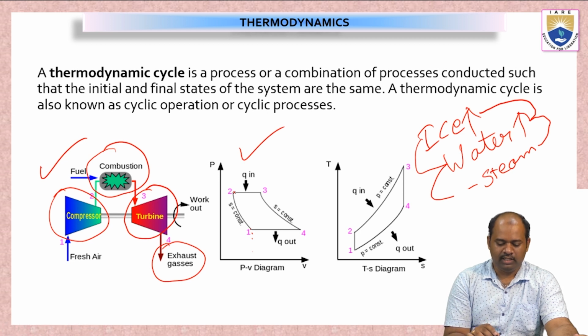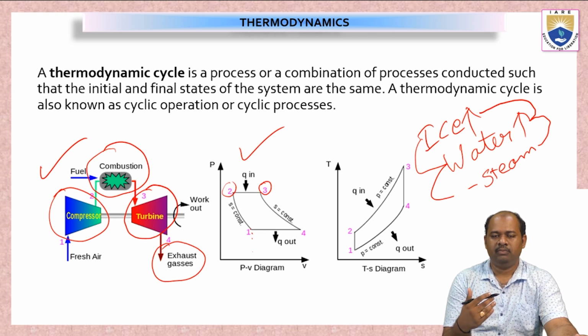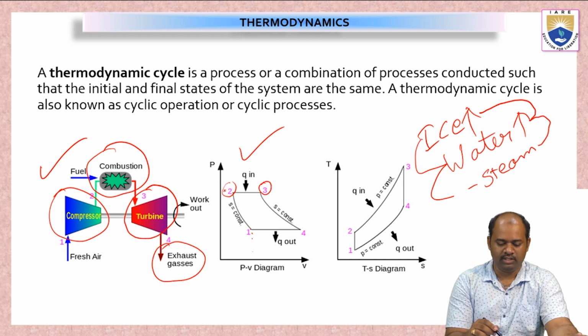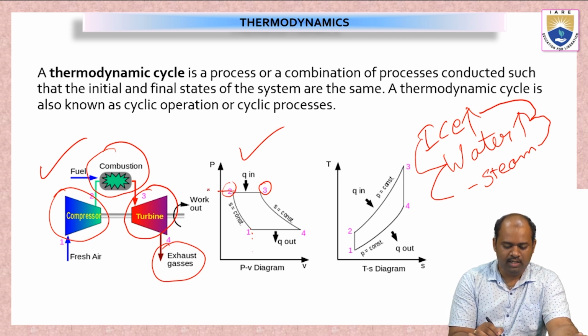And then the second part, between point 2 and point 3, we are supplying some heat into the fresh air along with some fuel. So between 2 and 3, we are keeping the pressure constant. You can see here it has the same pressure, P2 is equal to P3.